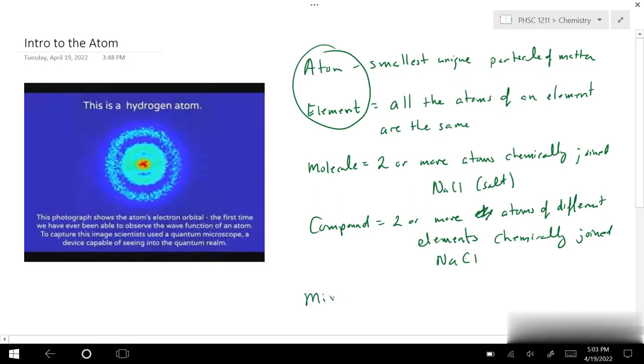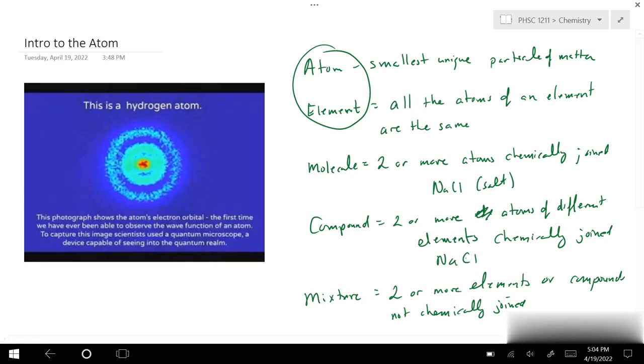And then a mixture: two or more elements or compounds not chemically joined. Like Chex party mix.